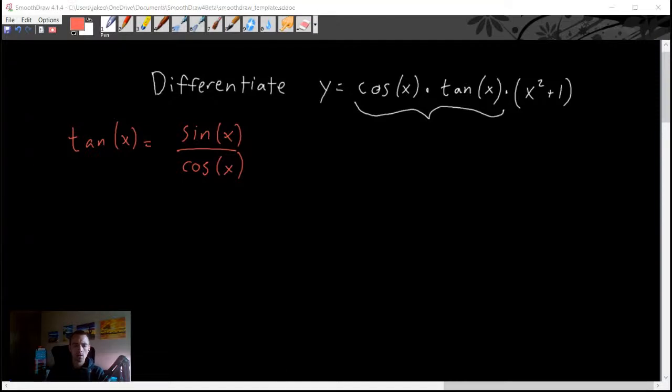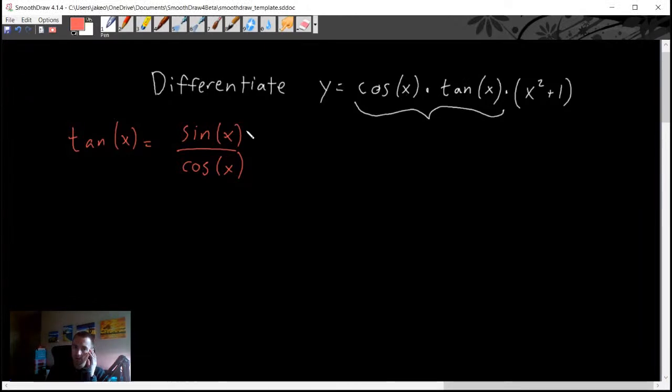Okay? Those two things are equivalent. Tan of x is the same as sine over cosine. That's a formula that I would definitely recommend memorizing. Remember that, because it does come in handy a lot of times to simplify trig type problems.